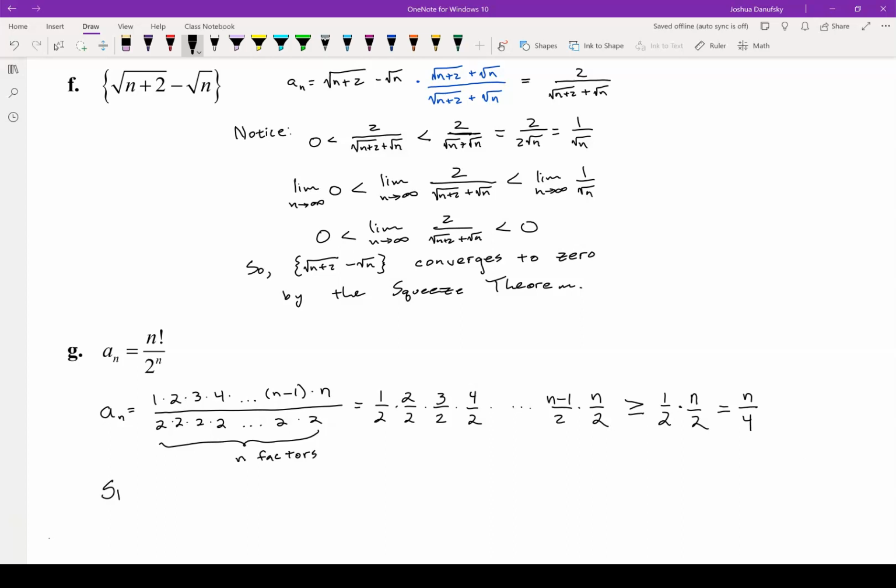Now, since n over 4 approaches infinity as n approaches infinity, and a sub n is greater than or equal to n over 4, since the smaller sequence is diverging to infinity, that means that the larger sequence must also diverge.